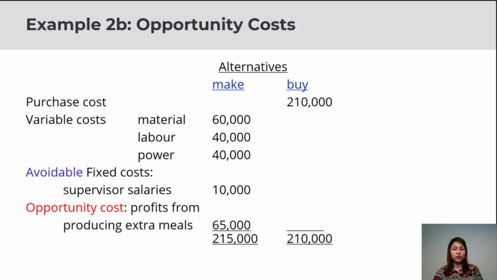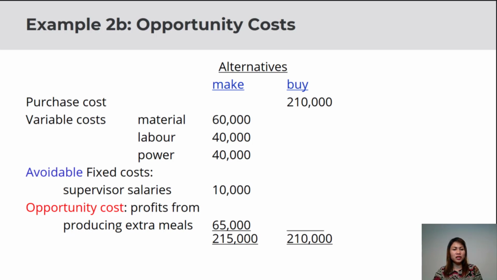Kangaroo Airlines will forego this $65,000 profit if it decides to keep making it instead of buying it from a Melbourne bakery. Therefore, this foregone benefit, 65,000, is an opportunity cost that should be considered as an extra cost if the firm wants to make dessert.